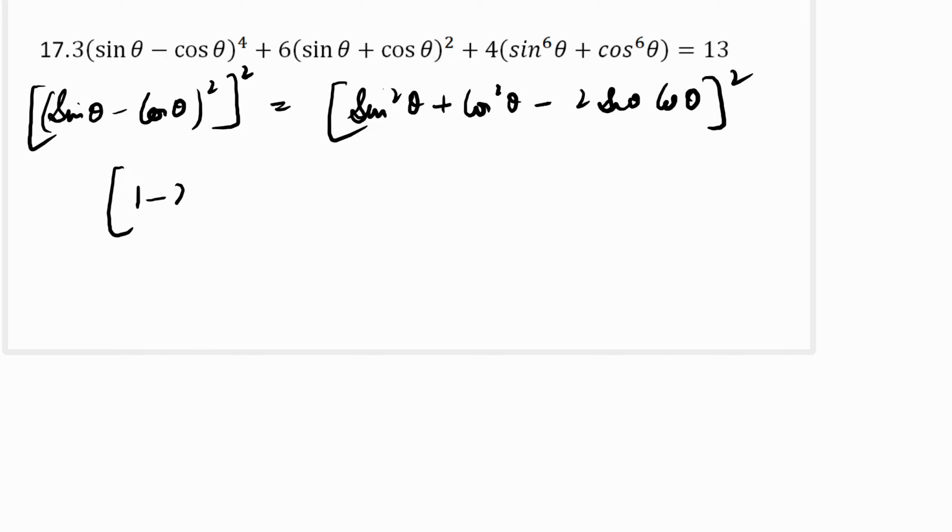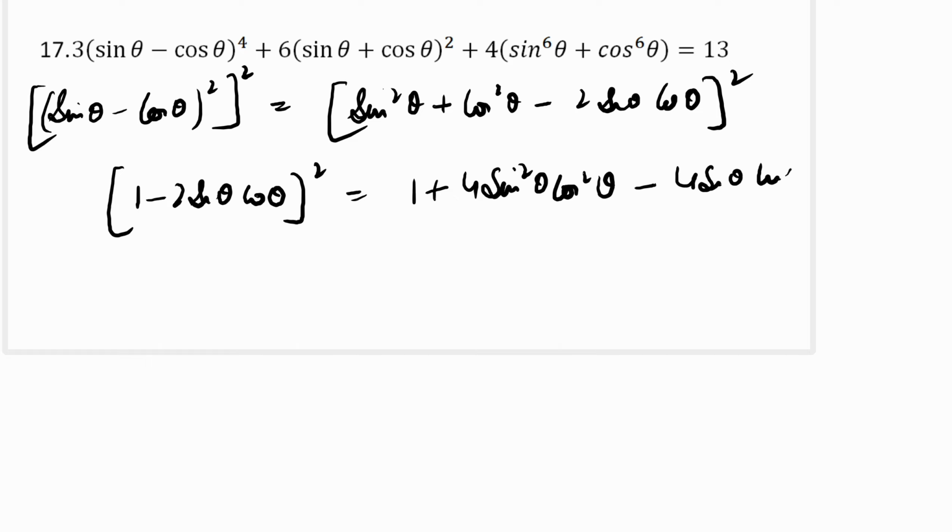So it will become 1 minus 2 sin theta cos theta whole square. So this will become 1 plus 4 sin square theta cos square theta minus 4 sin theta cos theta. This is the first part without the 3. This is only this much. Then we will do the remaining parts.